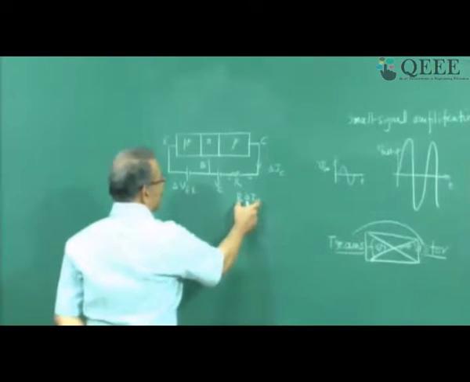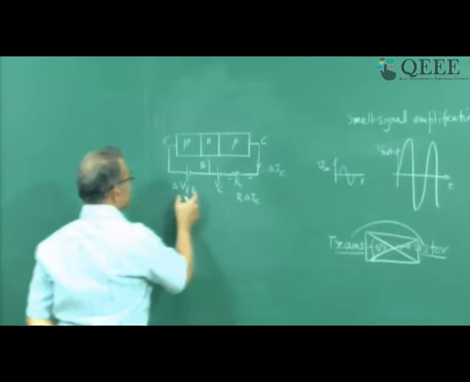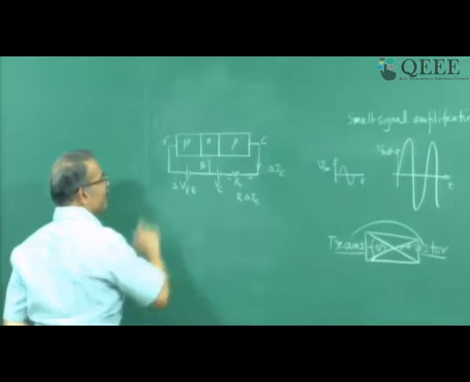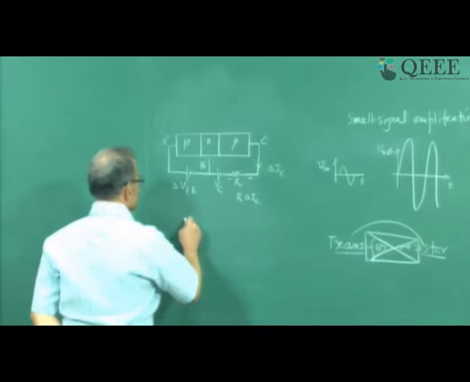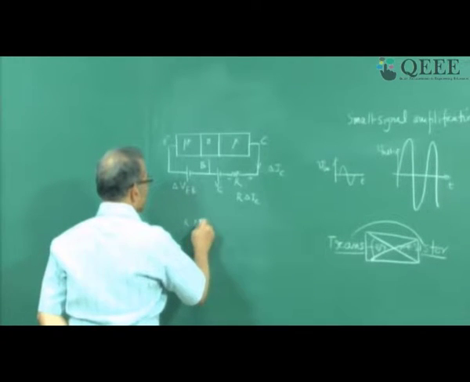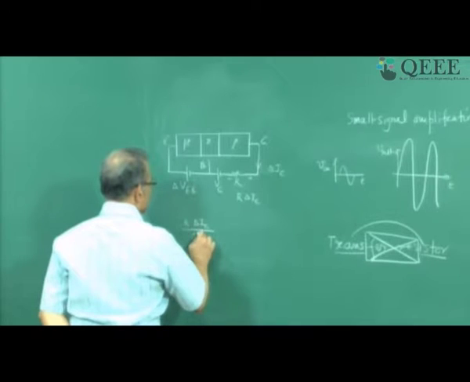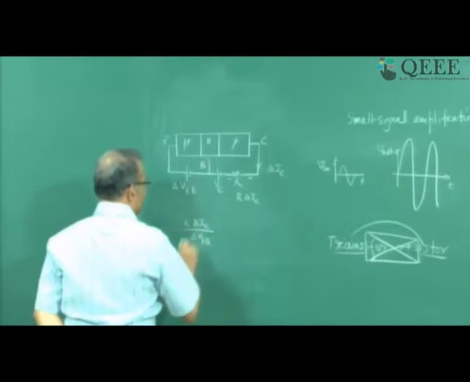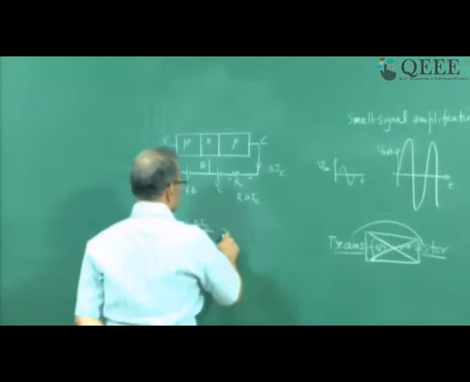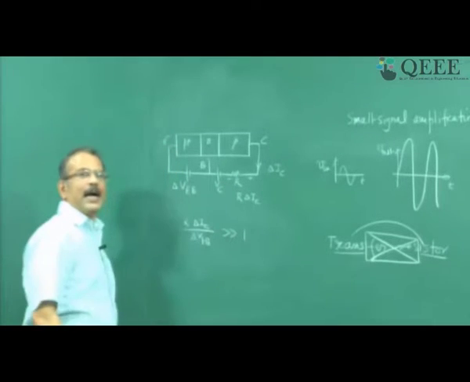Now if this R into delta IC is much more than delta VEB, then I have got an amplification of voltage. So I have to look at the ratio R delta IC by delta VEB. If this is much greater than 1, then I have amplification.